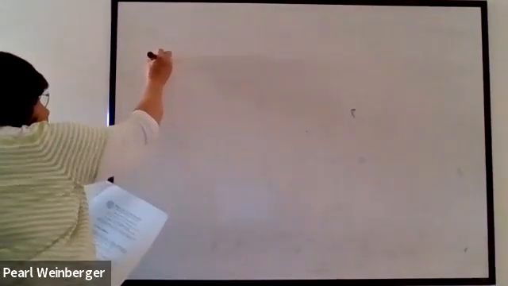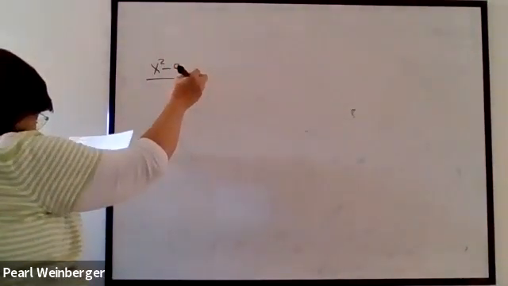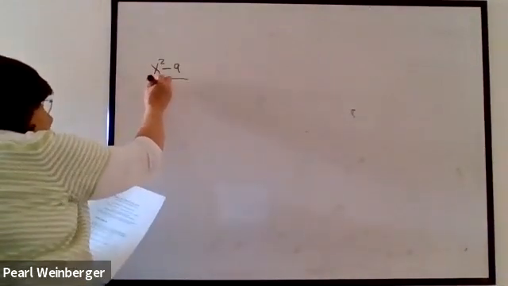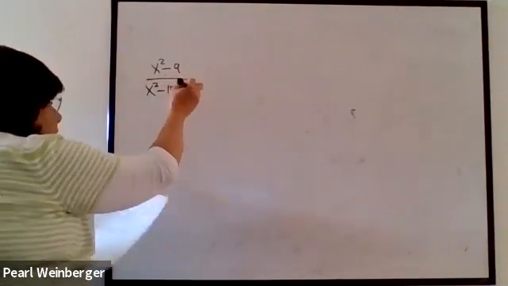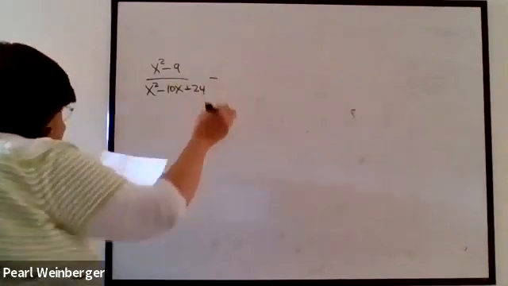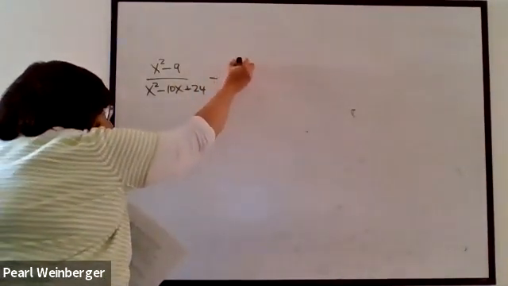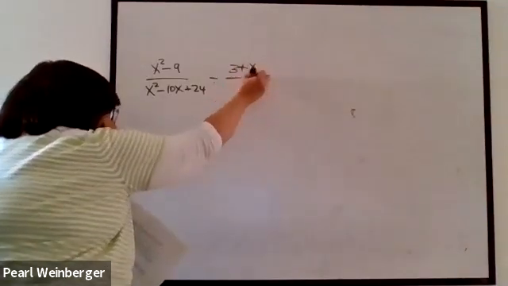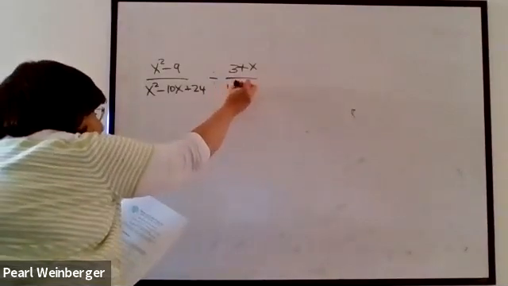Okay, we have x squared minus 9 over x squared minus 10x plus 24, divided by 3 plus x over 10x minus 15.